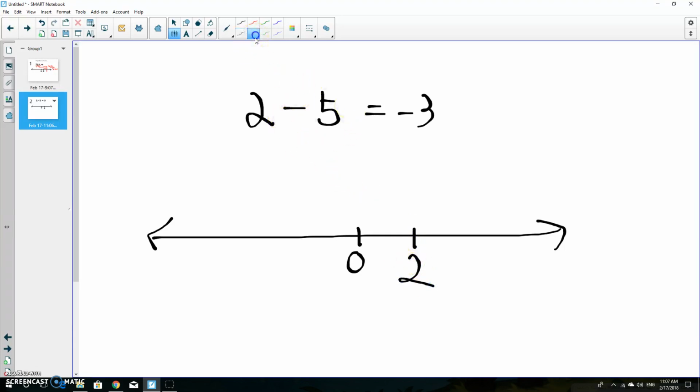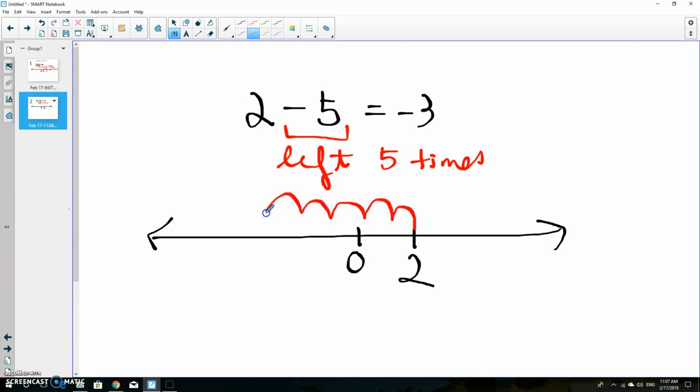Subtract 5. This subtracts basically means left 5 times. So we're moving to the left 5 times. So we start counting 1, 2, 3, 4, 5. So that's 1, 0, negative 1, negative 2, negative 3. So we ended up with a negative 3.